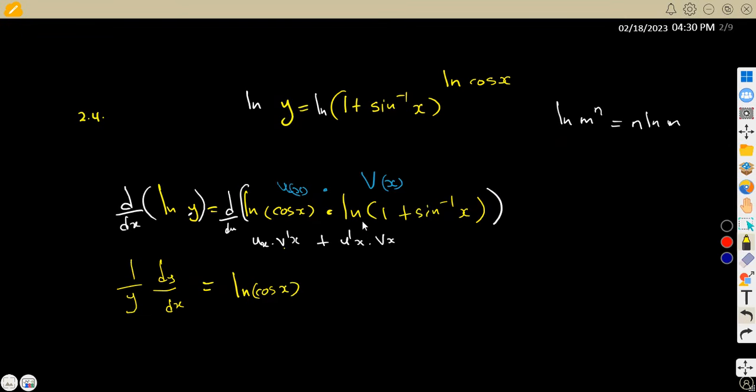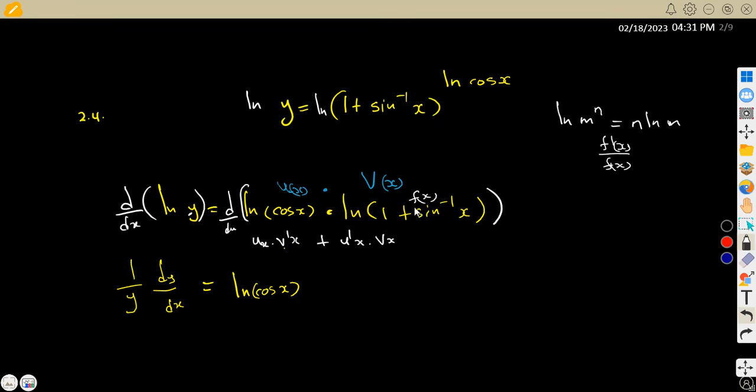The derivative of ln f(x) is the first derivative of the function over f(x). So you find the derivative of 1 plus arcsine.